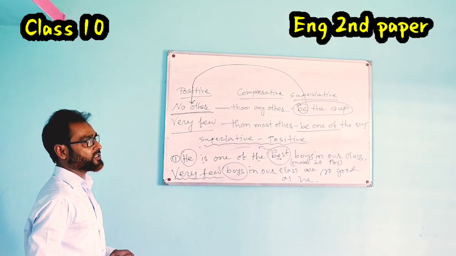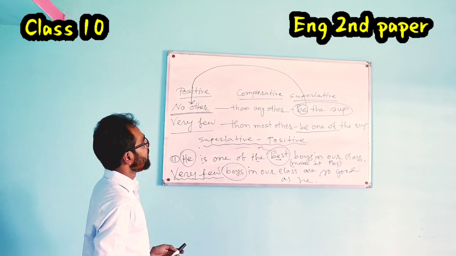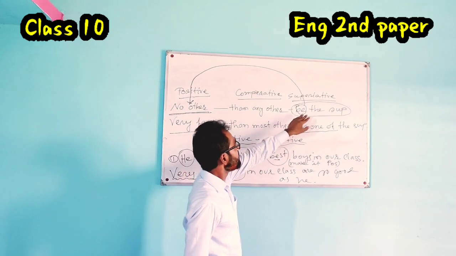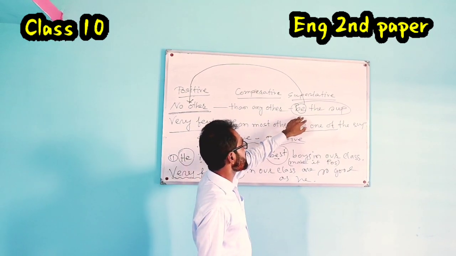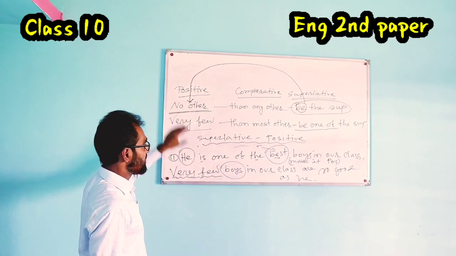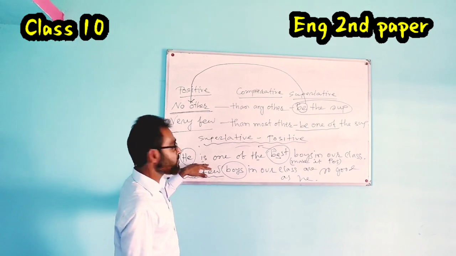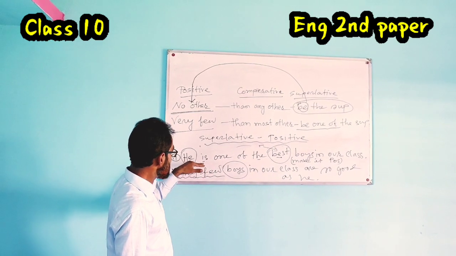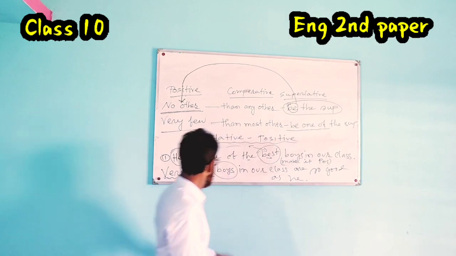Dear students, in the first example, we learned from superlative to positive, but the sentence was with be the soup, so we used no other. But in the present sentence, this is also a superlative degree, but it is with be one of the soup.